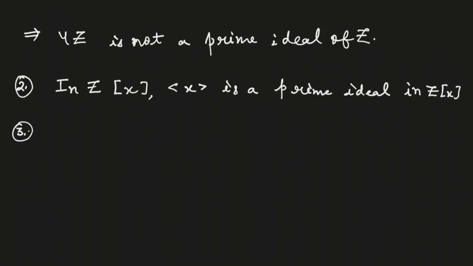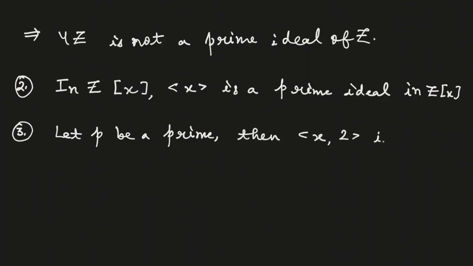Third example, let p be a prime, then the ideal generated by x, p is a prime ideal in Z[x].